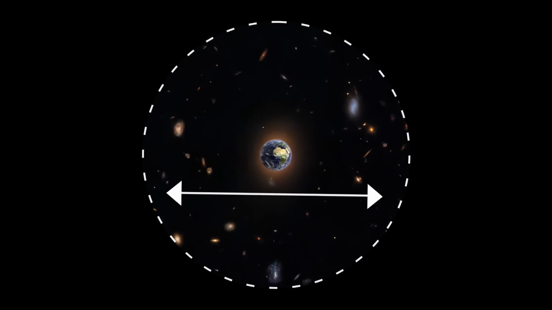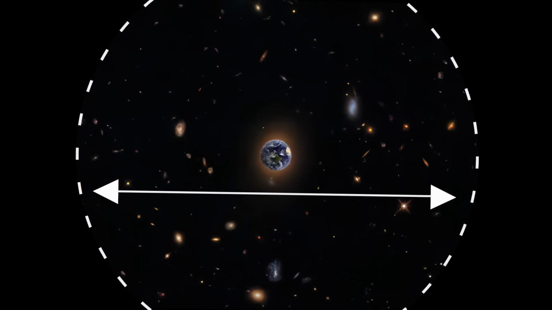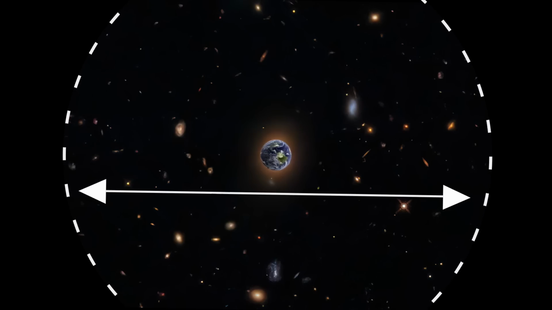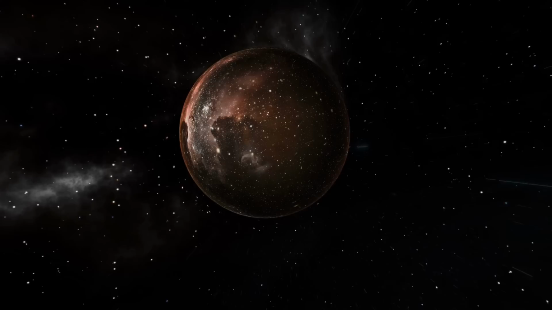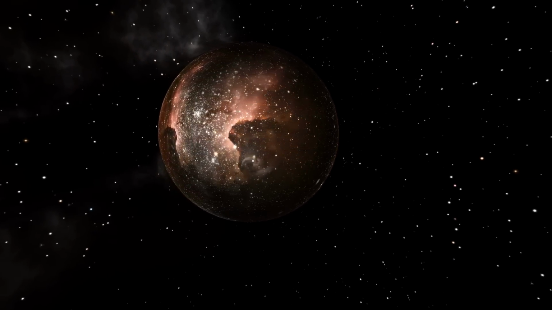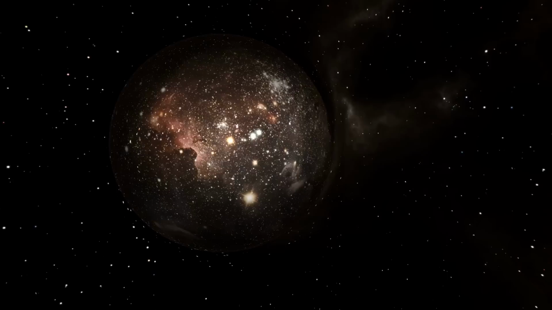The expansion of the universe increases the volume of the observable universe, which in turn reduces the entropy of the system. This means that even though entropy increases locally, the overall entropy of the universe can remain constant or even decrease due to the universe expanding.